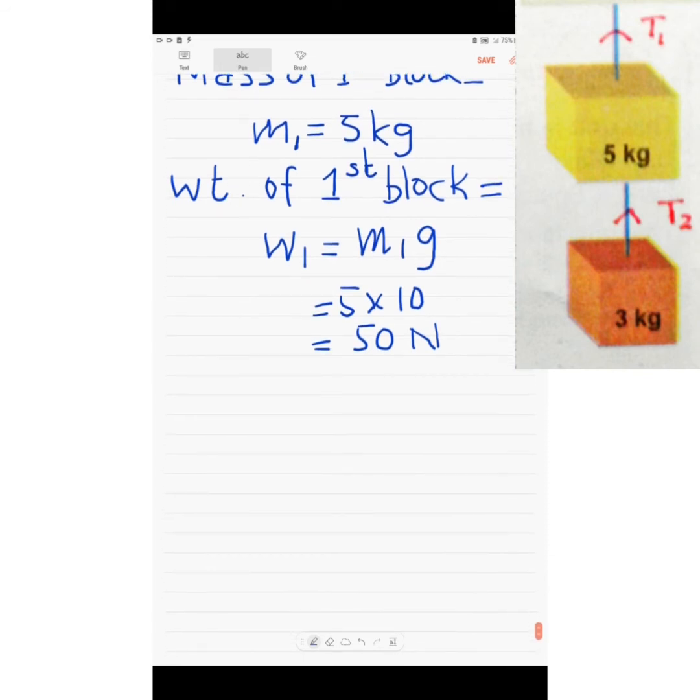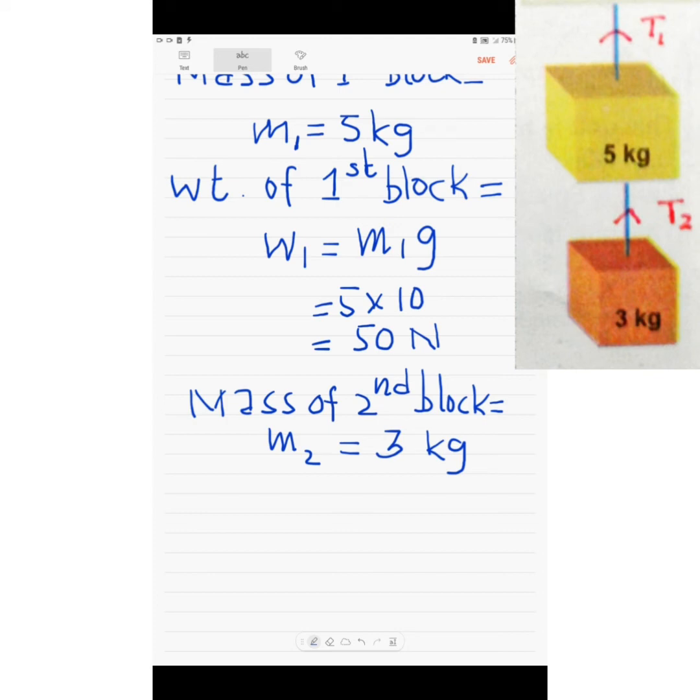Mass of second block is m2, and m2 is 3 kg.